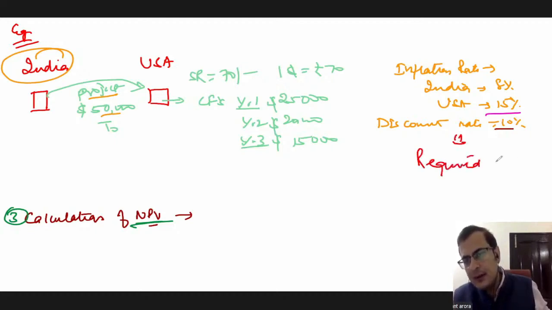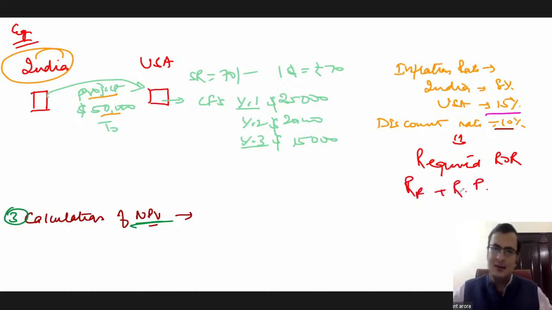Required rate of return means risk-free rate plus risk premium. This you have done in your CAPM. If I'm telling you to invest in my project, the first thing as a CA finance student you will ask me is, sir, what return will you give me? If I put money in a bank FD, I get 6%. So I said, I will give you 7%.